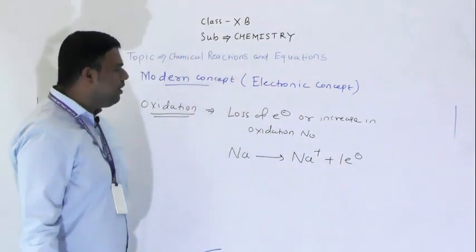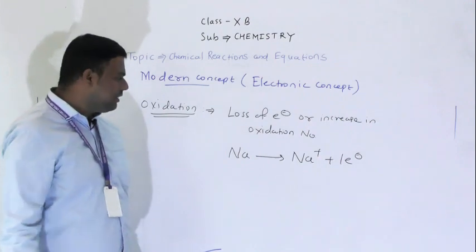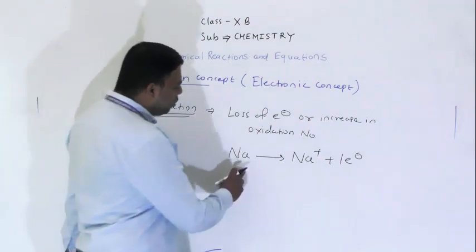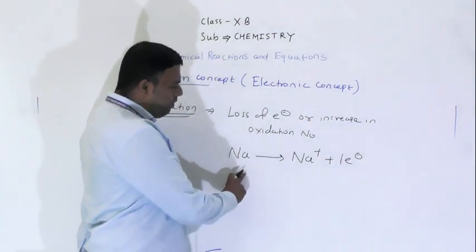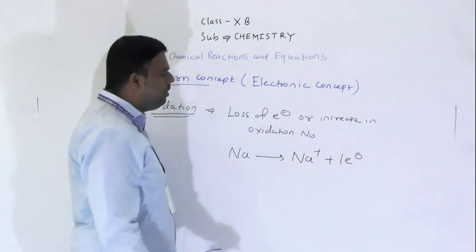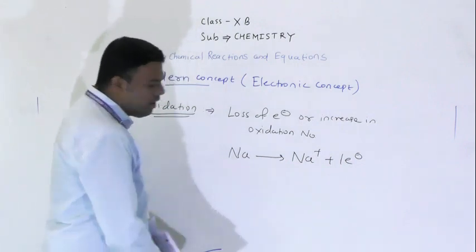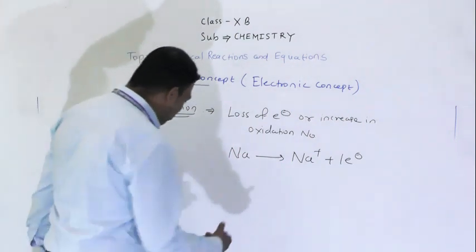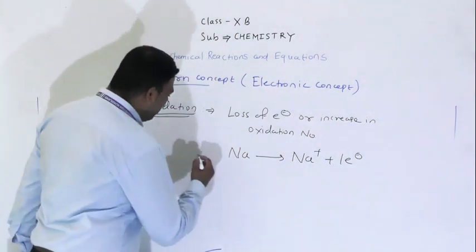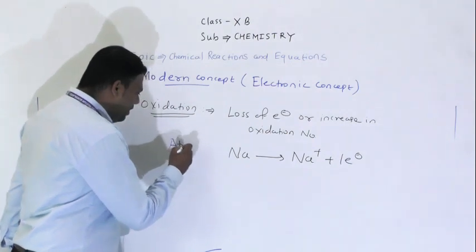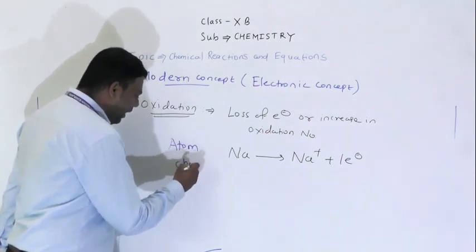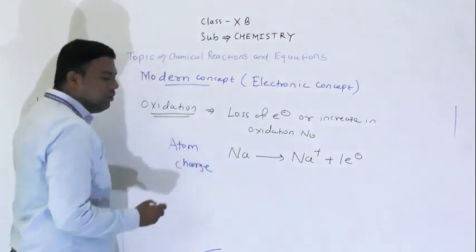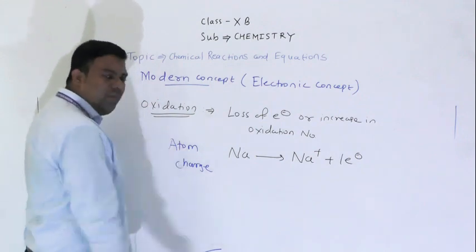Okay, so see here how we can balance this. So this reaction we have to balance according to our atoms as well as charge. First you have to balance with atom and charge. See, both conditions must be fulfilled.